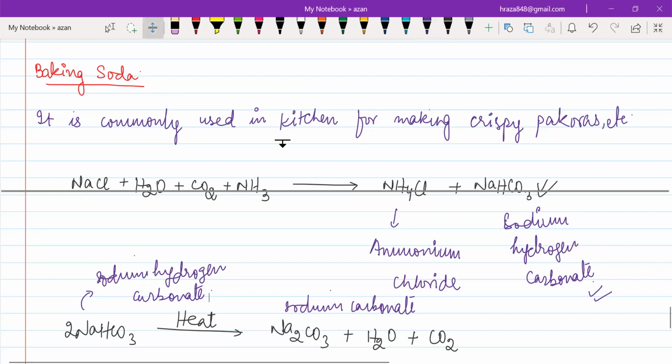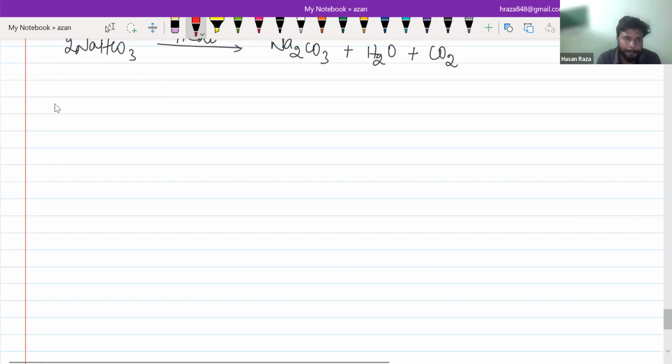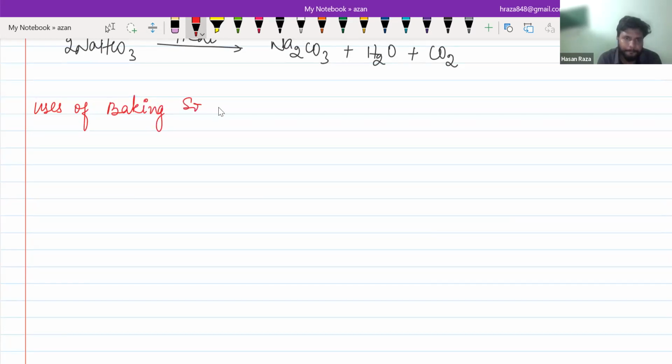Now see, uses of baking soda. So basically it is commonly used in the kitchen.